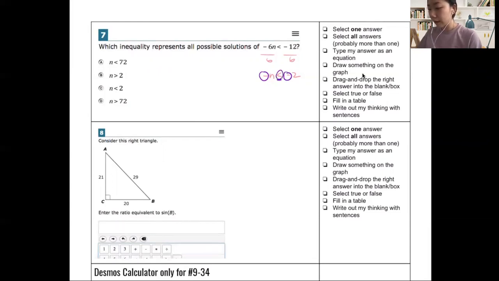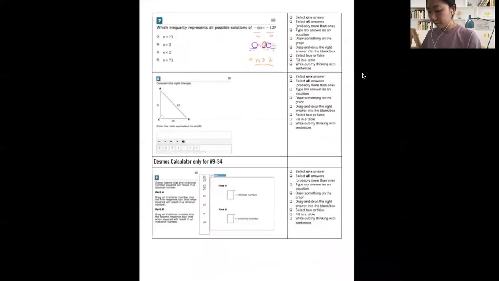We divide by -1 on both sides. So this will look like n greater than 2, because we divide by a negative number, so we have to flip the sign. So this is what we arrive at.